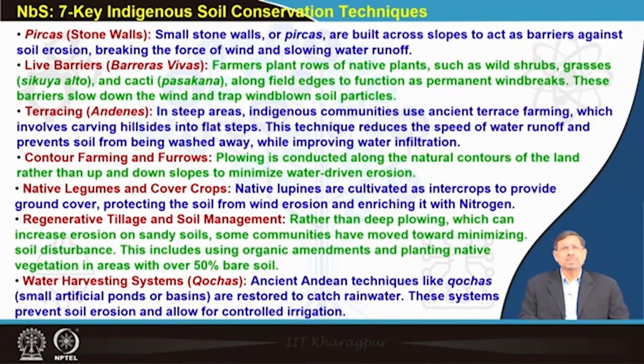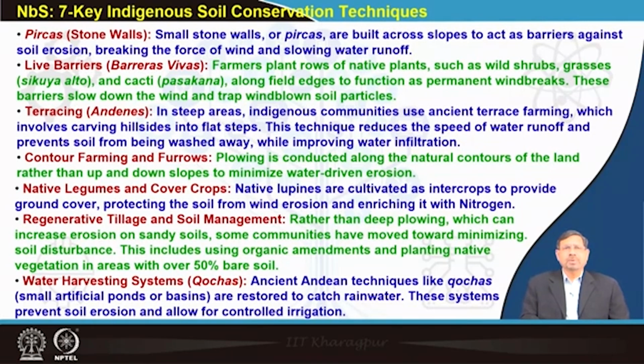The third point is terracing. In steep areas, indigenous communities use ancient terrace farming, which involves carving hillsides into flat steps. This technique reduces the speed of water runoff and prevents soil from being washed away, while improving water infiltration.